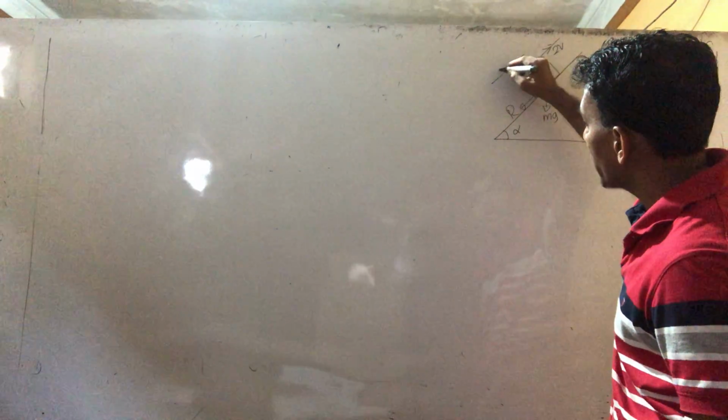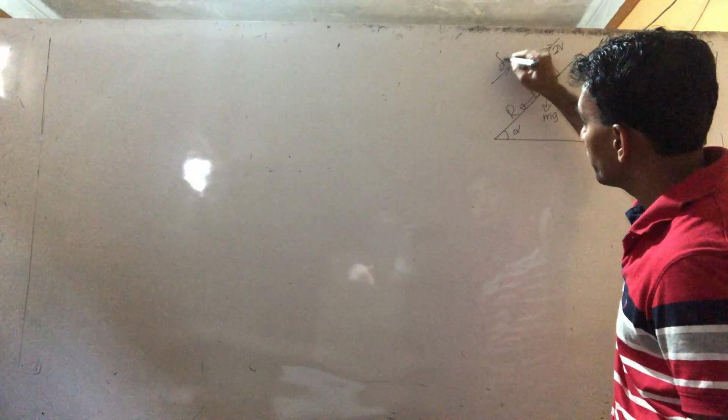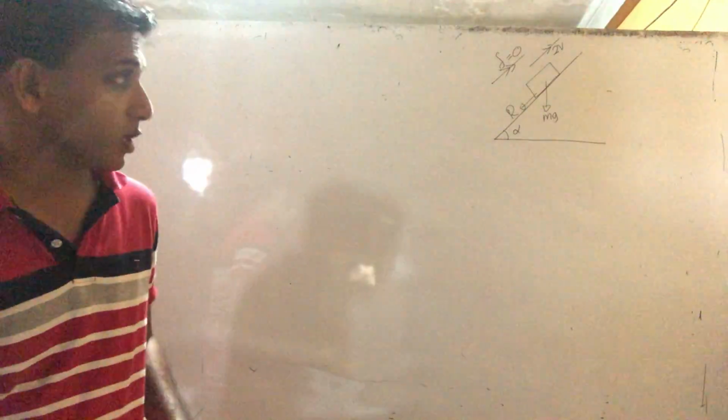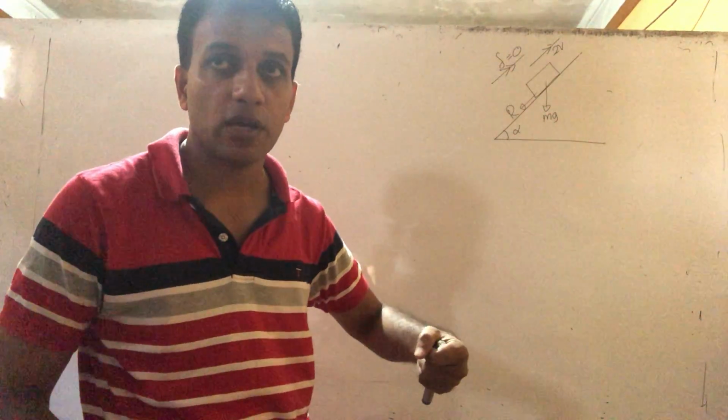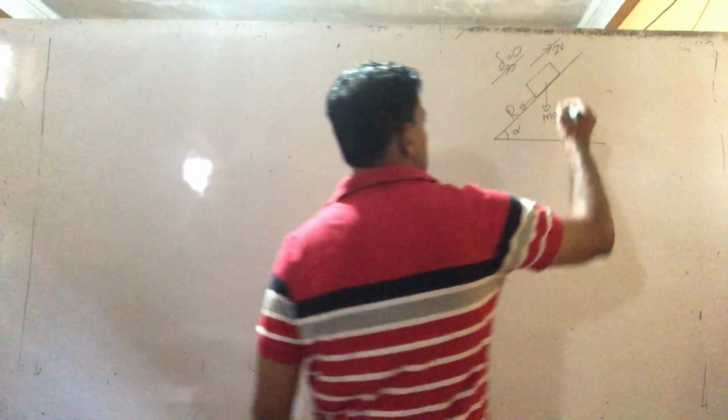So as a result, acceleration is 0. Acceleration is 0. And it can't move like this, it can't move because there is no tractive force. Therefore you have to mark that one. I say P.